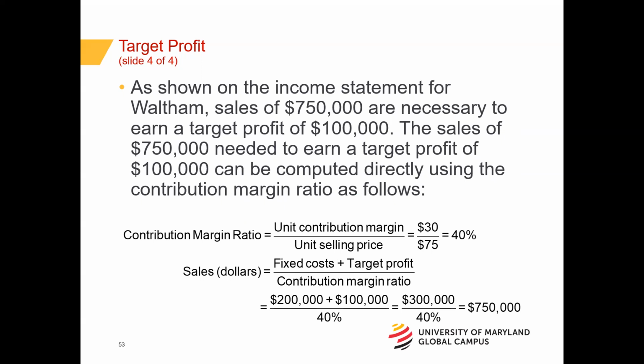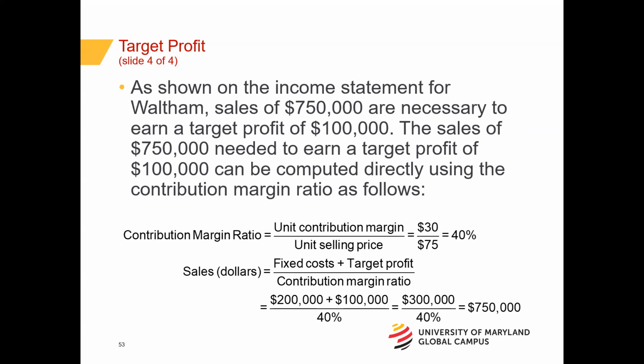Now let's calculate it out. To find the amount that we need to sell, sales dollars, how much revenue we need to make in order to generate $100,000 profit, we take our fixed costs plus our target profit divided by our contribution margin ratio.